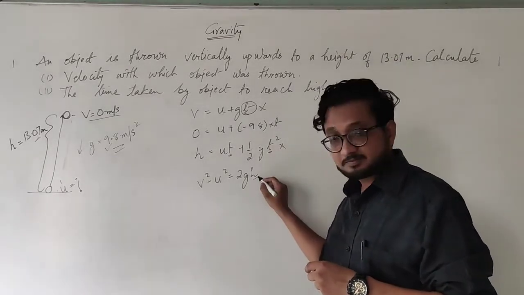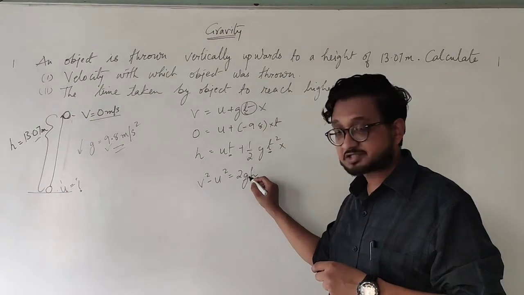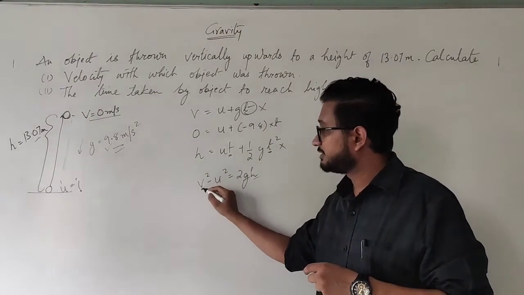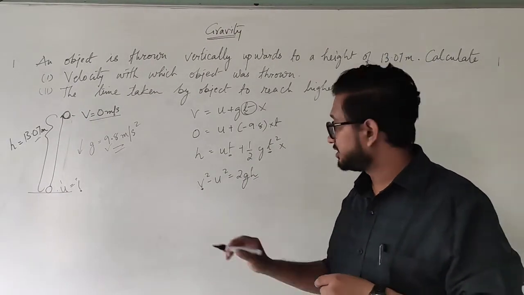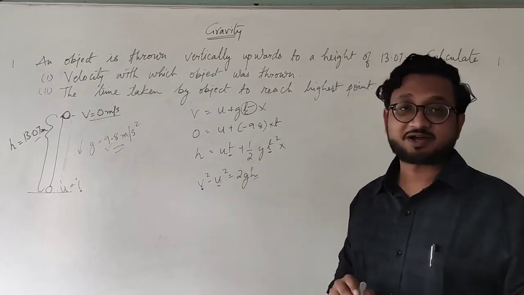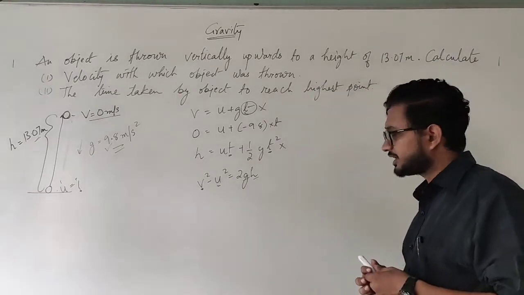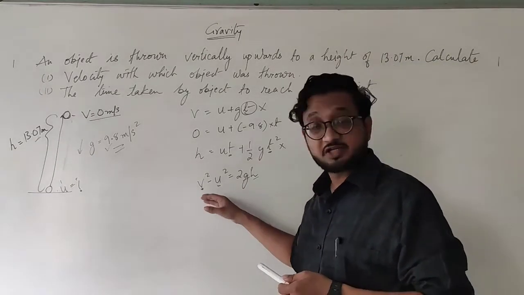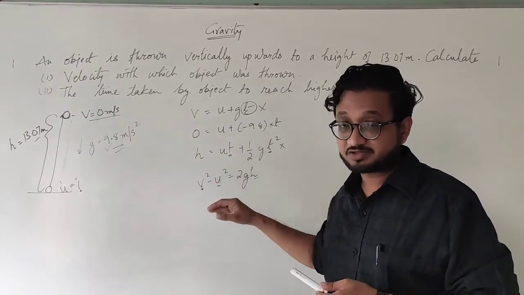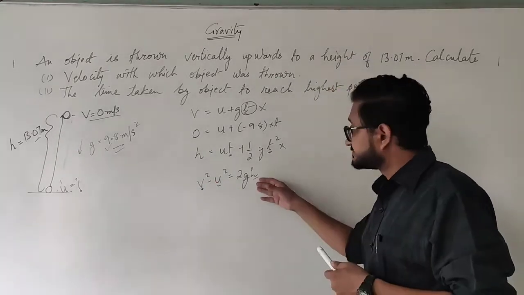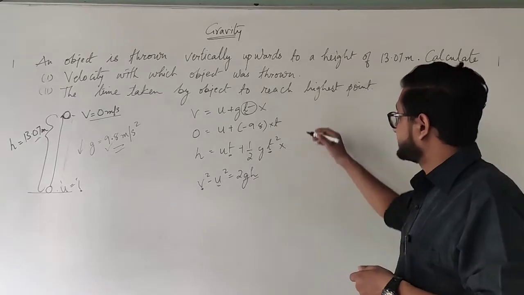So we have height, we have acceleration, and we have the final velocity. All you need to do is find the initial velocity. Substitute the values. Let's see what happens.